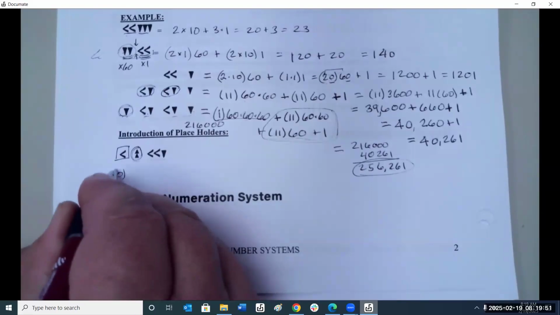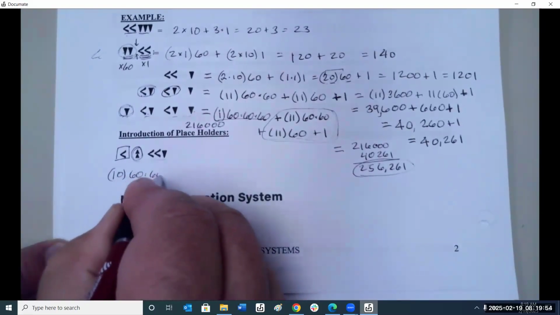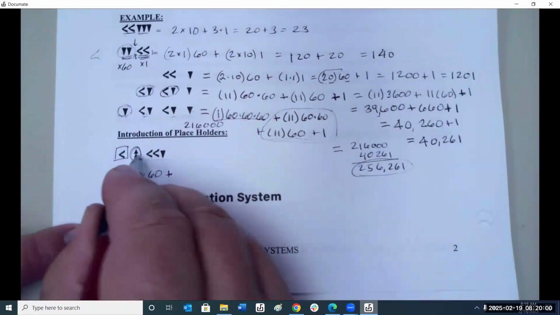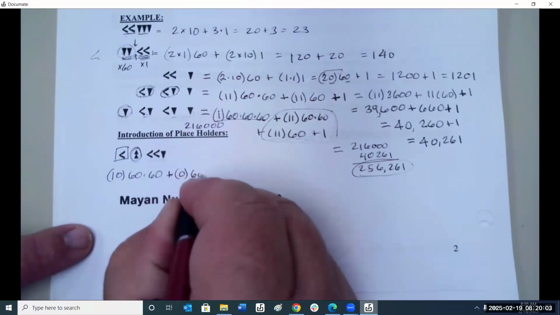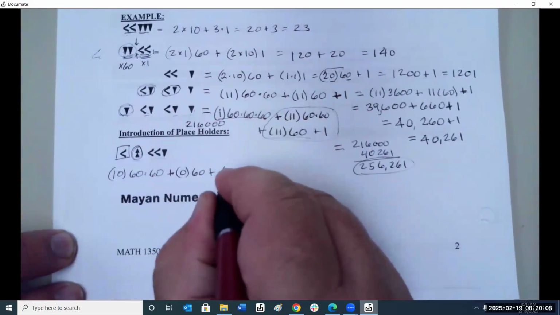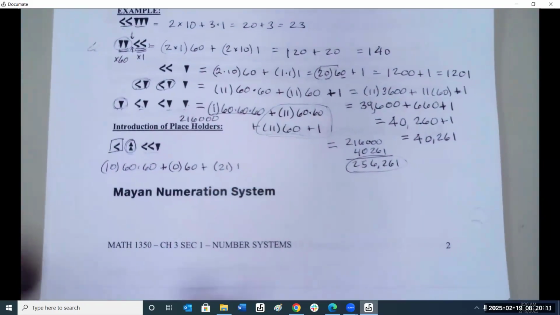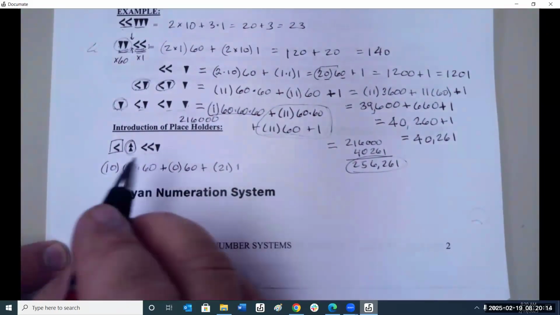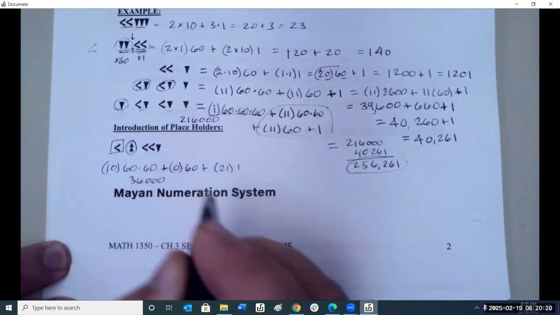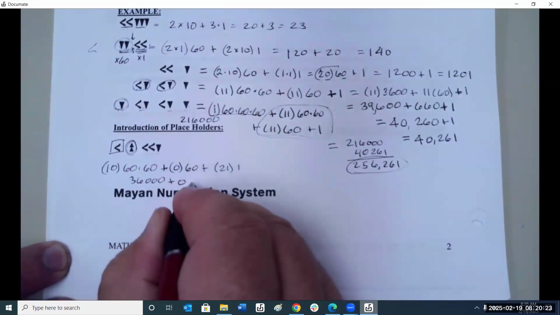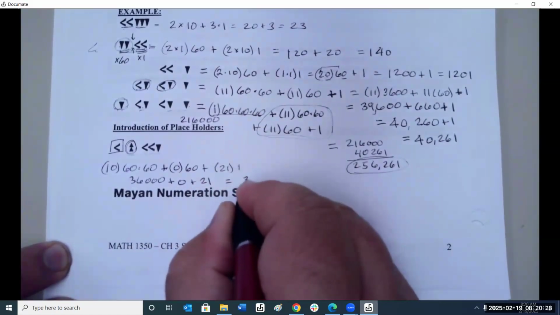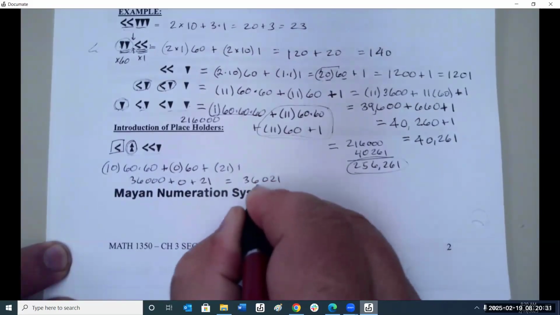So it's 10 times 60 times 60. That's this first number. There's nothing in the middle one. Then we had 21 times 1. 6 times 6 is 36 with 3 zeros behind it, plus 0, plus 21, 36,021.